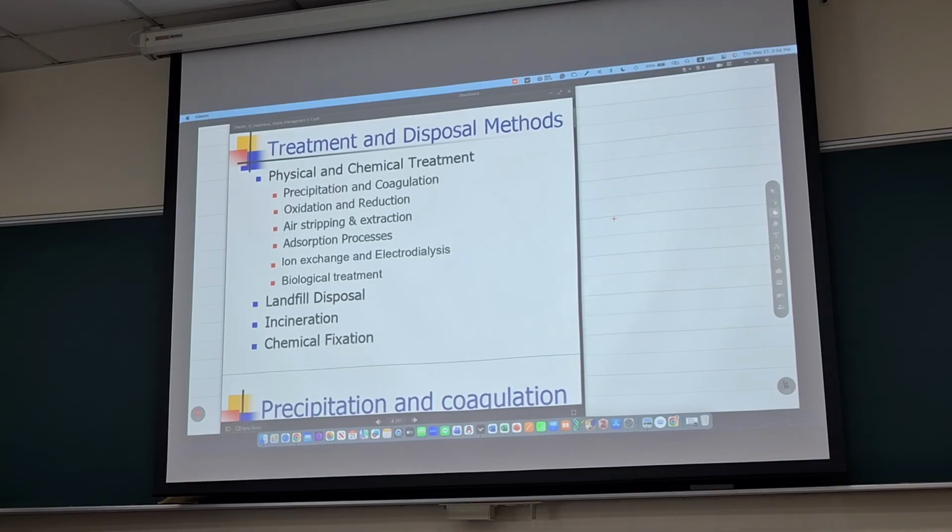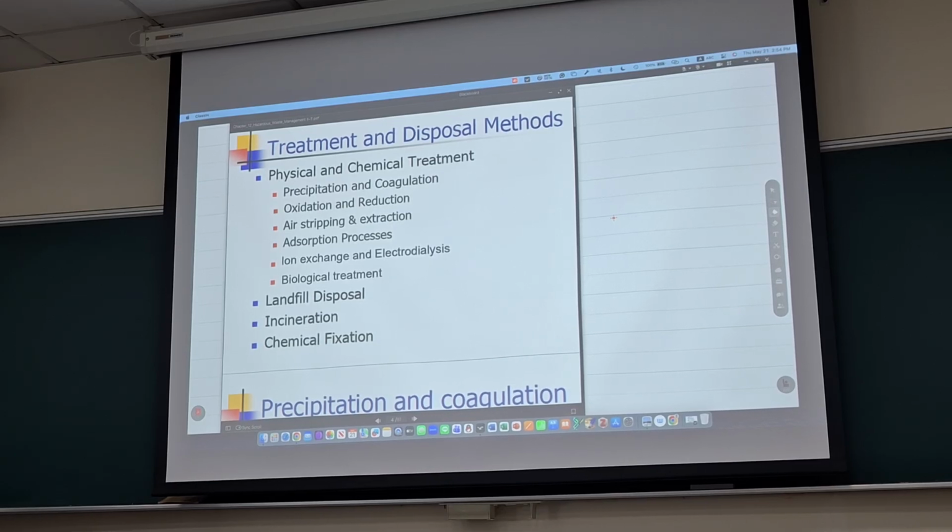Okay, so let's start with treatment and disposal. We can use physical and chemical treatment, right?